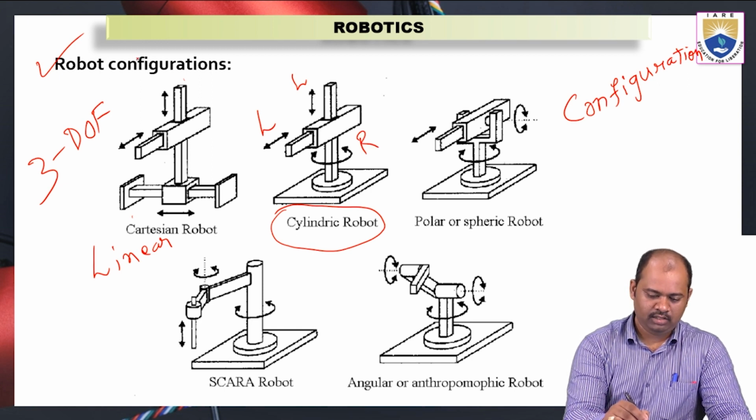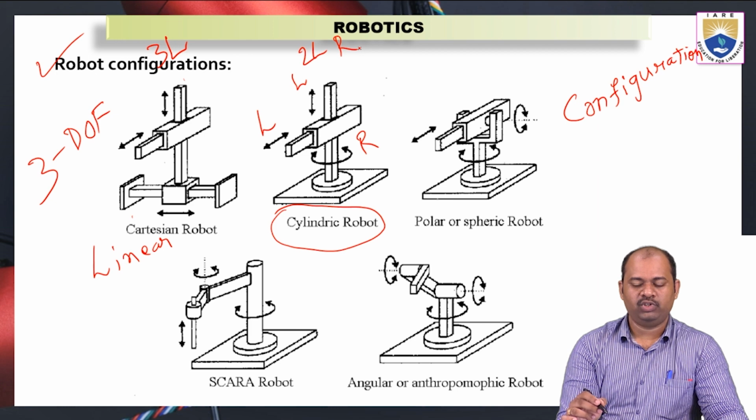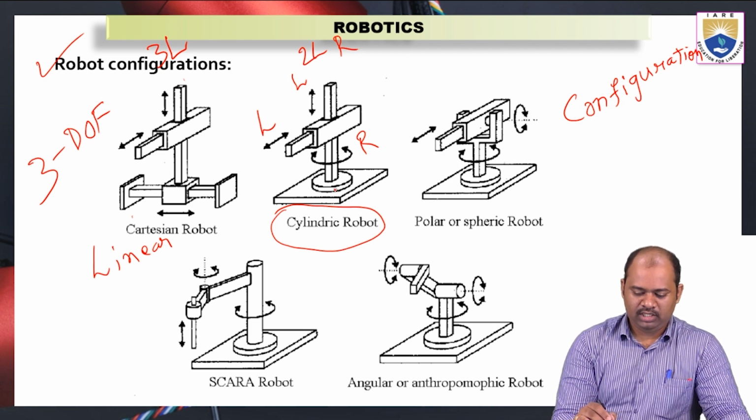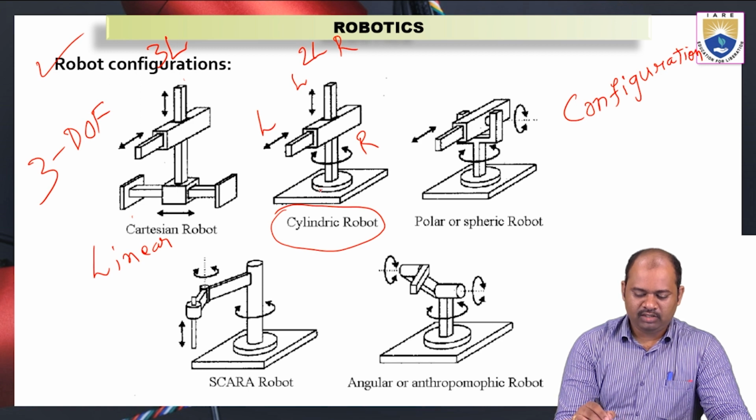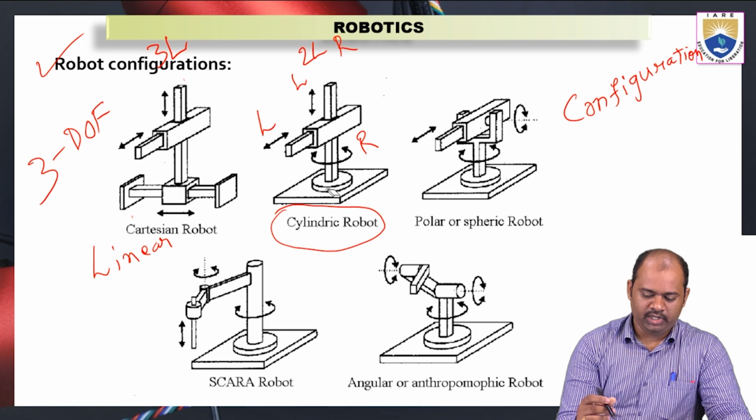I will write here. So this is a 3L robot. This is a 2LR robot. So 2 linear motions and 1 rotation are possible in this robot. Now see, this is the base of the robot, where it does not move anywhere.